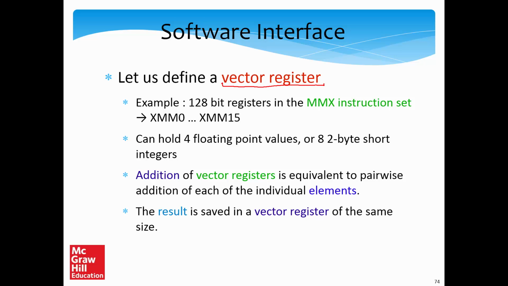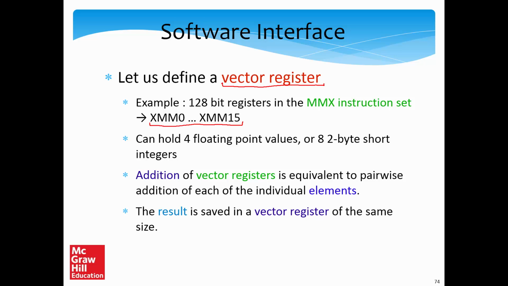For example, we have 128-bit registers in the MMX instruction set, which is a vector extension to x86, right? It has 16 of such 128-bit registers, called XMM0 to XMM15.